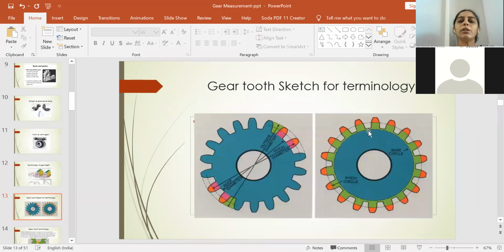The base circle will not be exactly aligned with the bottom of the tooth, and as a result you have the associated terminologies. The outside diameter covers the entire dimension of the gear from top to bottom. The root diameter is only the bottom part of the tooth including the clearance, so it touches the base circle at both ends.